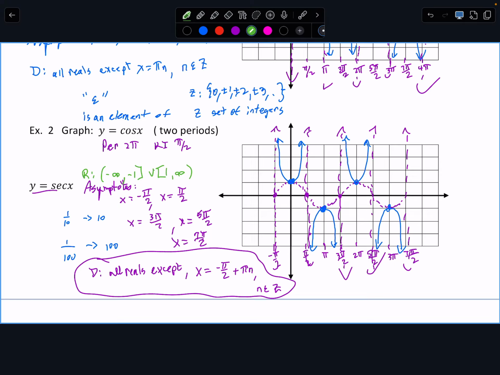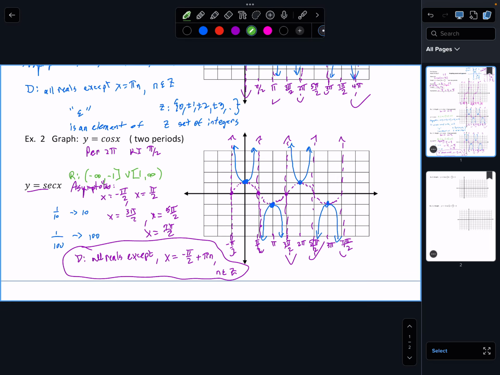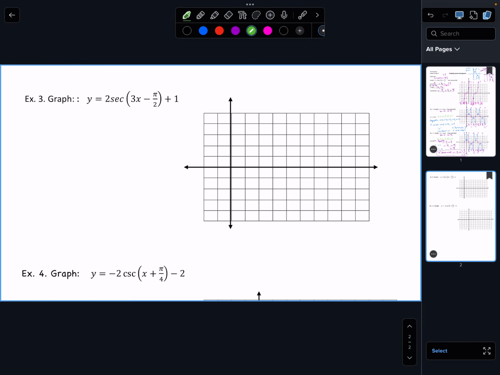So there it's graphed for 2 periods. So let's flip it over to the back side. And so now what you want to do for these is graph its reciprocal function. We want secant; the reciprocal of secant is cosine.